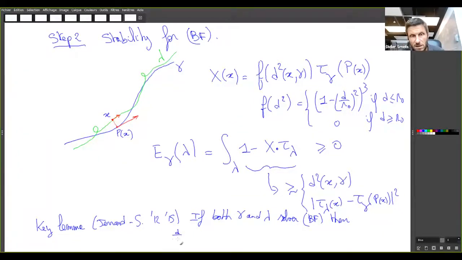So d/dt of E gamma of lambda is less than a constant which depends just on gamma, so just on the smooth curve, times E gamma of lambda. Where, as I said, C just depends on the first one.